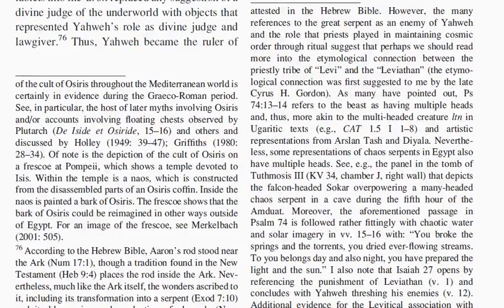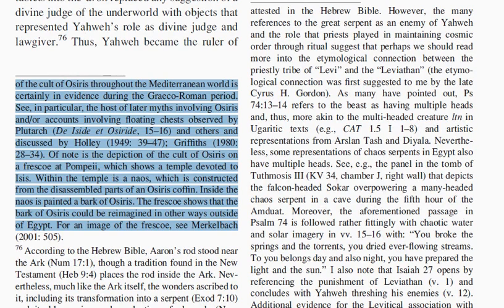The spread of the cult of Osiris throughout the Mediterranean world is certainly in evidence during the Greco-Roman period. See in particular the host of later myths involving Osiris and/or accounts involving floating chests observed by Plutarch and others and discussed by Harley 1949, Griffiths 1980. Of note is the depiction of the cult of Osiris on a fresco at Pompeii, which shows a temple devoted to Isis.